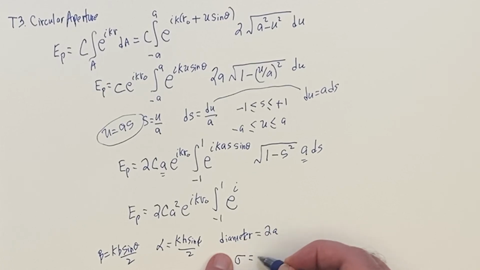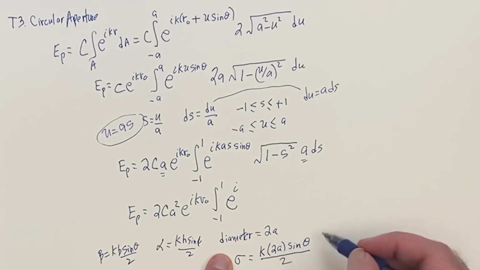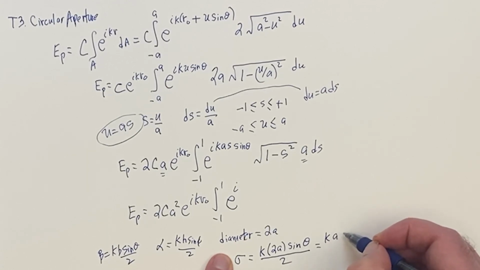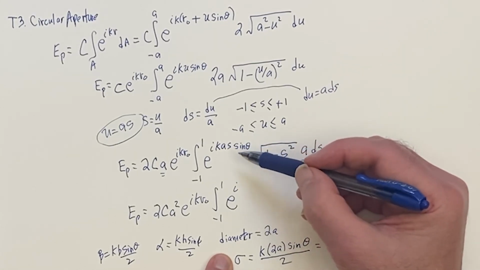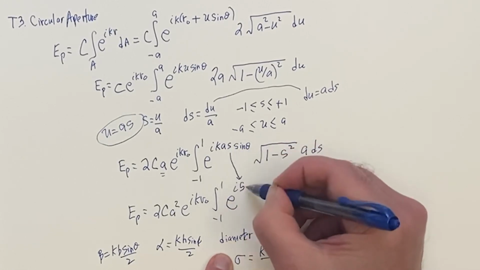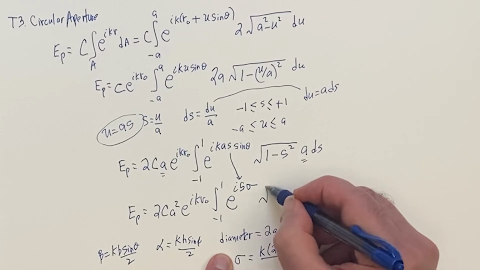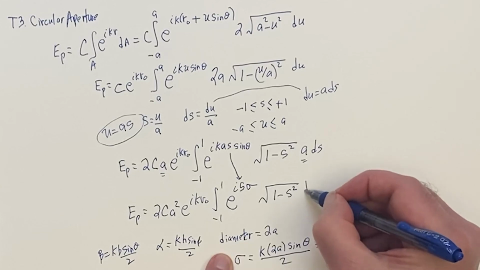So sigma would be k times 2a sine theta, over 2. Those 2's will cancel, and sigma is going to be k a sine theta. So the k a sine theta part is going to be sigma, but the S is there. So I have to have the S there, and the rest is going to be sigma. And then this is 1 minus S squared. The A already has been pulled out, you know, dS.